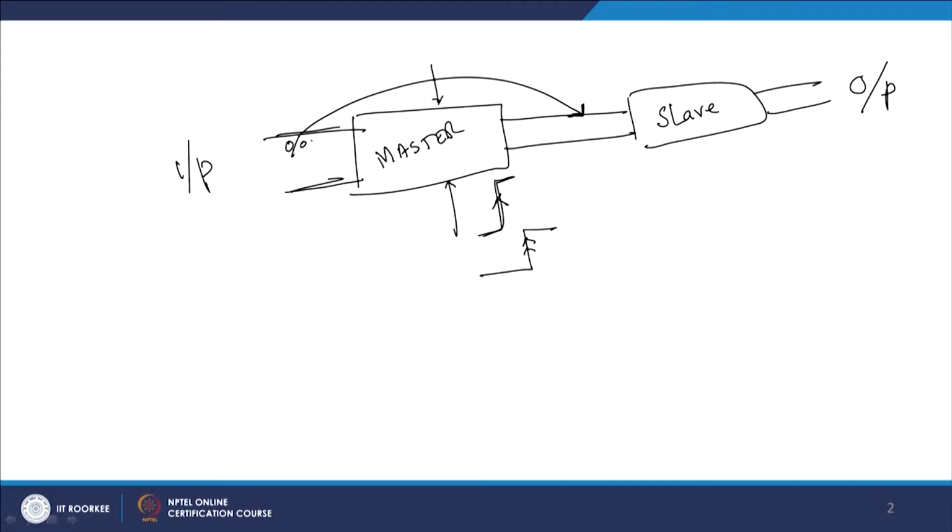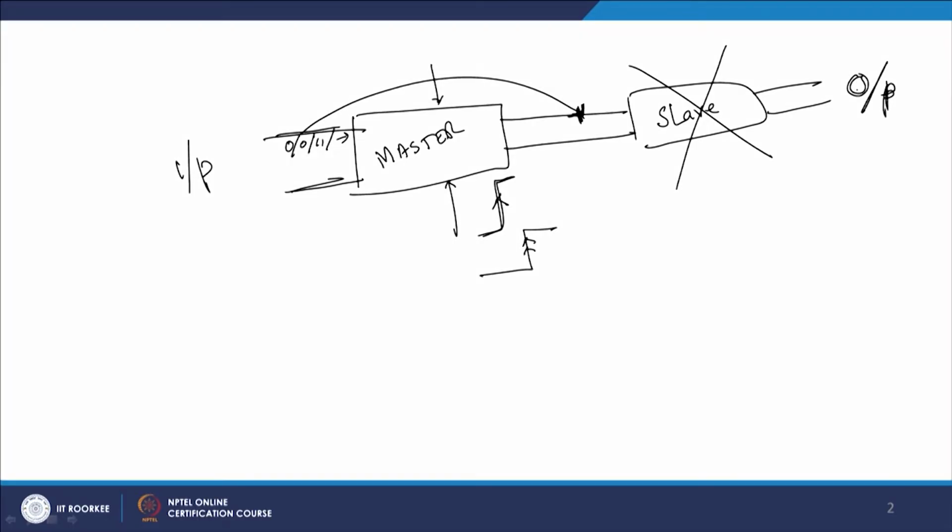You have 0 1 0 1 1 and so on coming here, it will sample each bit and store it here at the slave. But since the slave is not transparent at this stage, the output is latching on to the previous, old value of the system.